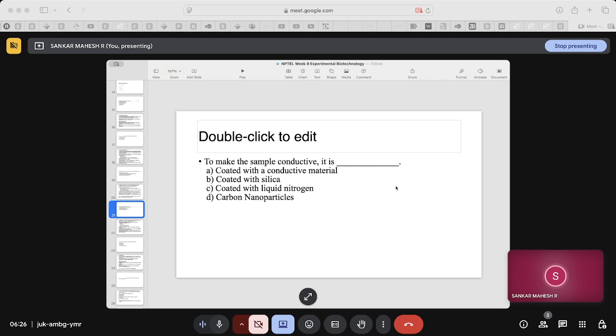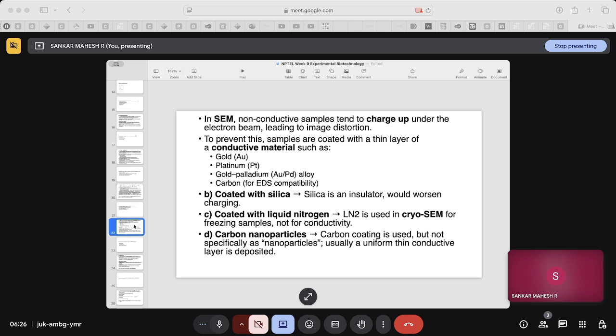If we don't make it conductive, what will happen? Right.